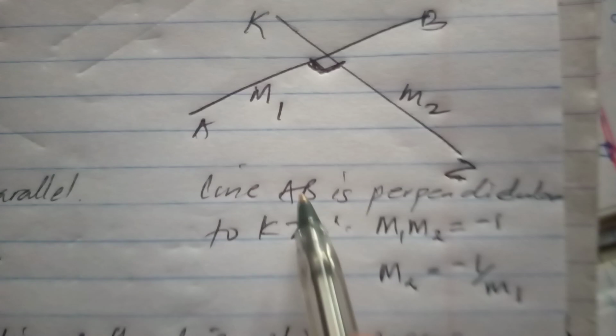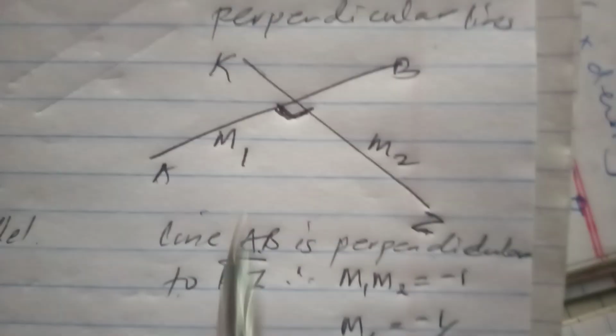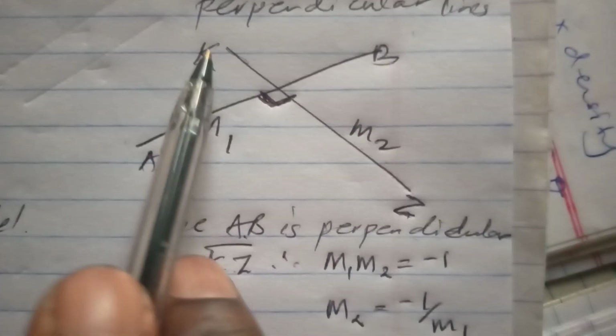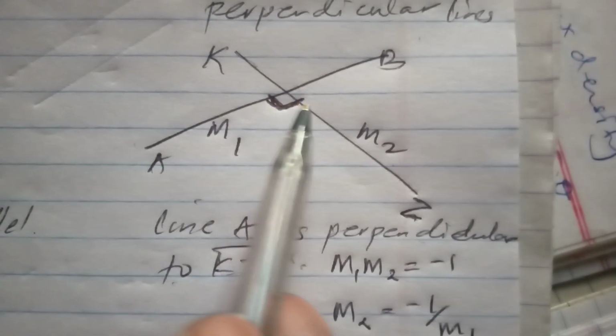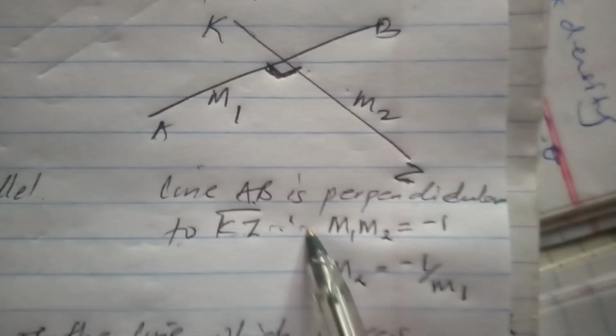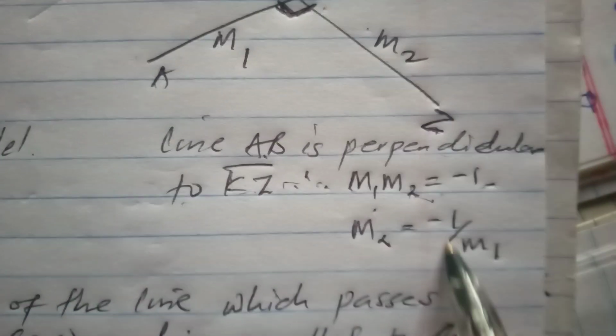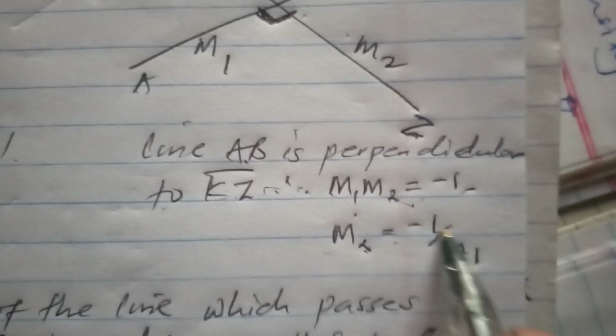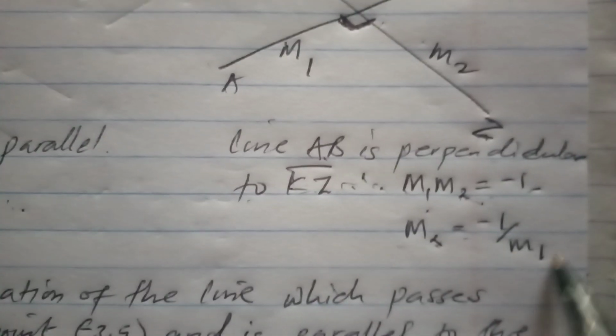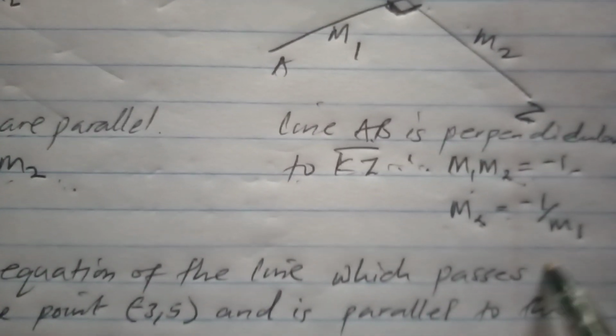So line AB is perpendicular to line KZ, since they make an angle of 90 degrees. Therefore m1 times m2 equals -1, or m2 equals -1 divided by m1. This is the condition for perpendicular lines.